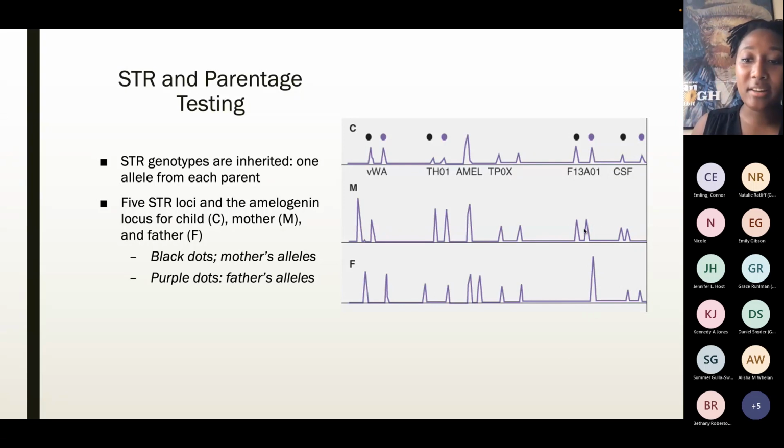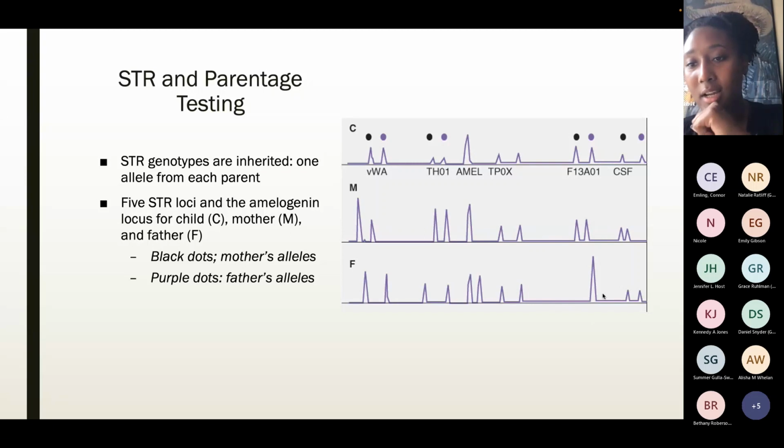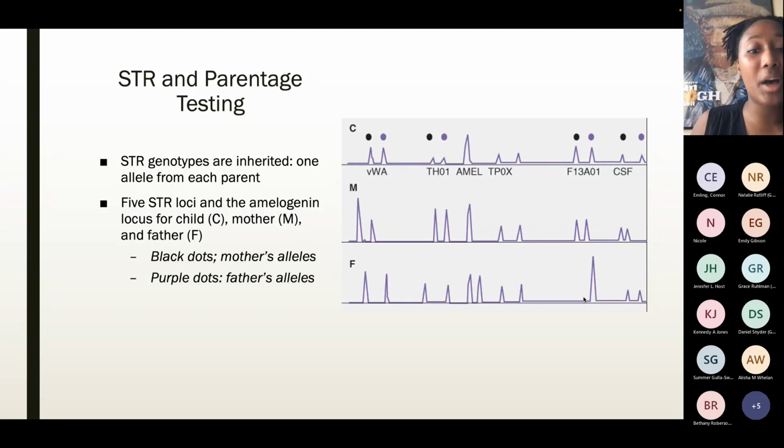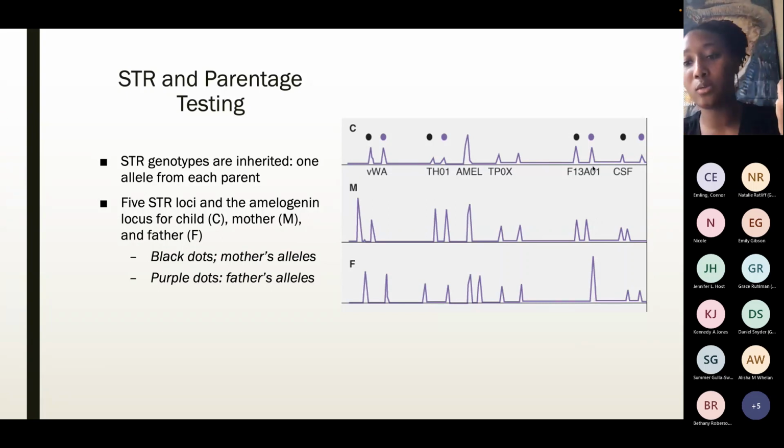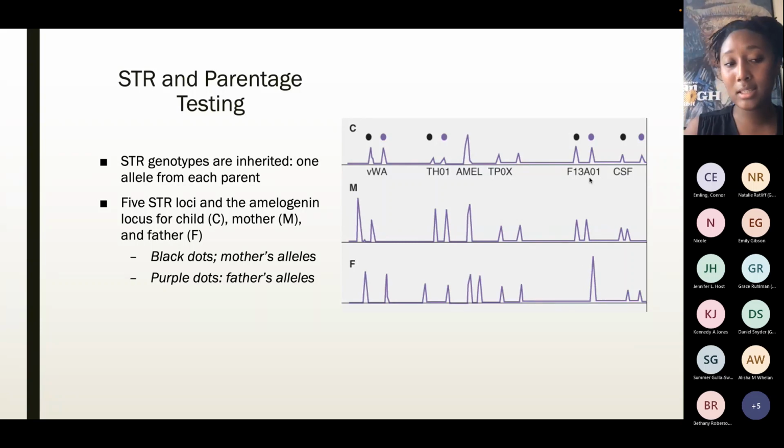So you'll see here the father only has one peak, which would mean that he was homozygous for this particular loci, okay? So he only could give the child one of these, and then from the other, you could see he got it from the mom.